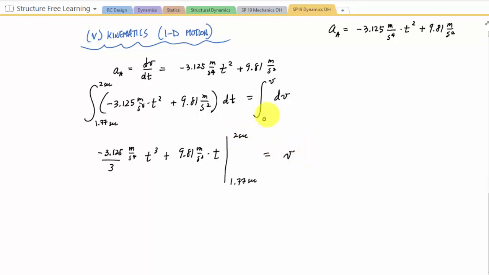So v at t equals 2 seconds will be some numbers. Let's see.